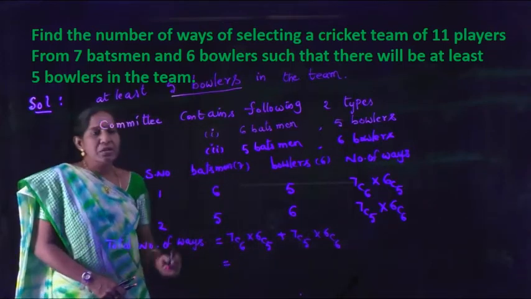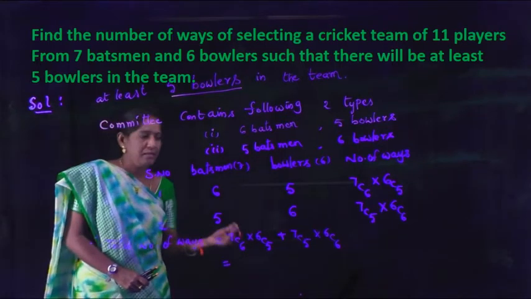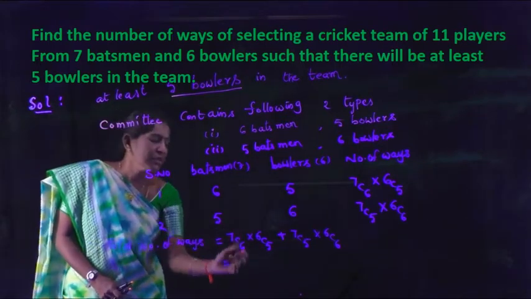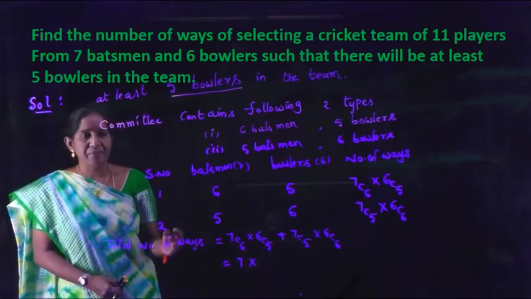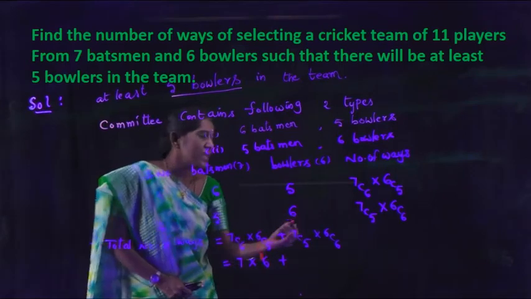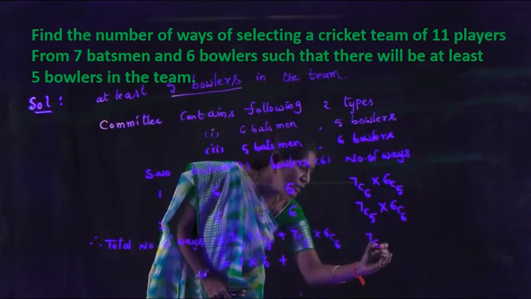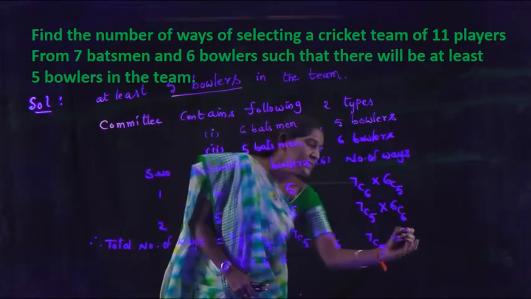Already we know the value of nC(n-1) is n. Then 7C6 will be 7 only, into 6C5, this is also 6, plus 7C5, the value of 7C5 is the same as 7C2.